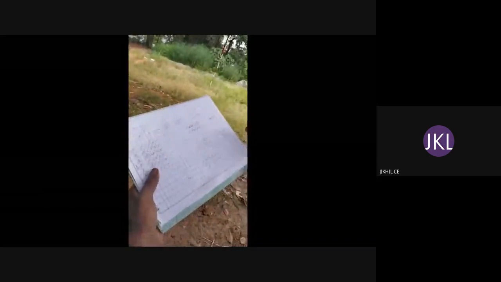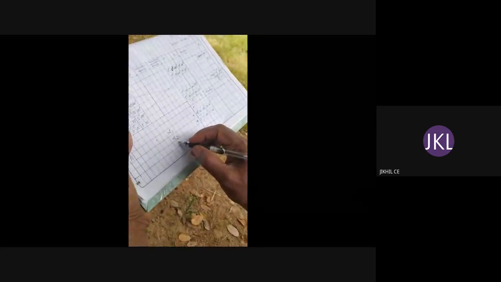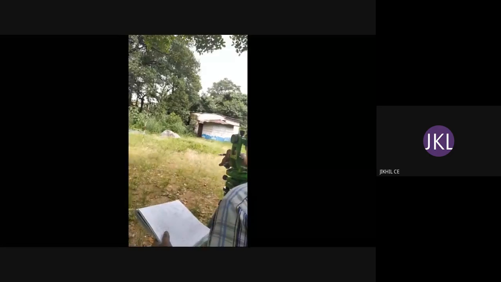We call it alpha 3, that is plus 5 degree 40 minutes 0 second. Now the lower angle, the point after exact bisection. You can read the second reading.